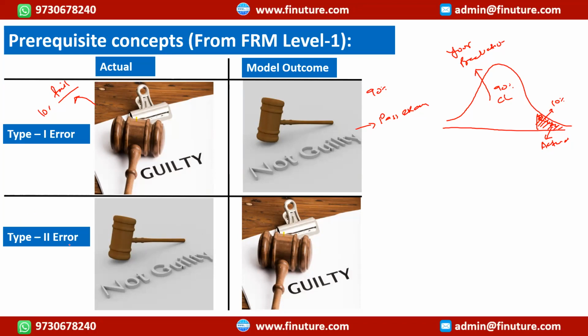As against that, in type 2 error, what happens is that your model says the outcome would be from this area, but the actual comes from this area, not guilty. So it's the other way around over here. In type 2 error, your prediction is from here.